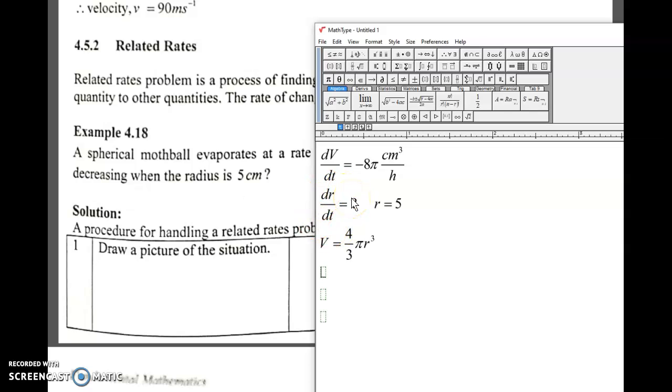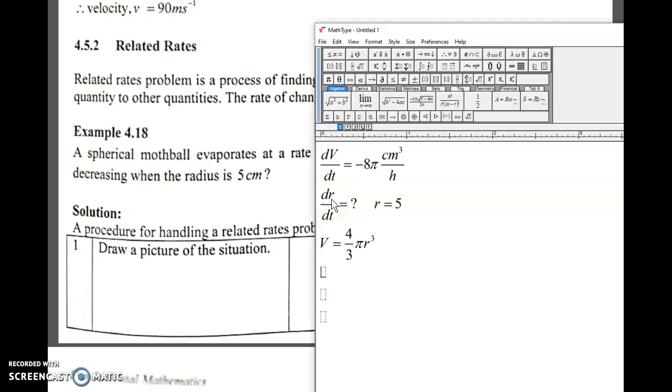In a related rates equation like this, we can always use the idea of the chain rule, where you construct the chain rule of dV/dt or dV/dr based on this, and figure out dr/dt.